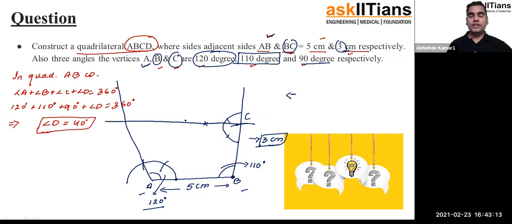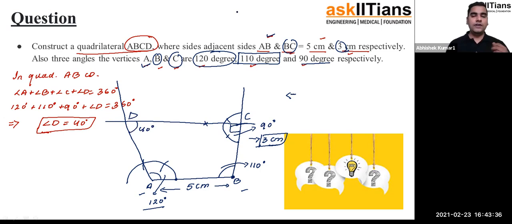All right. So these two rays that we have drawn, first angle A equal to 120 degree, and angle C equal to 90 degree, are going to cut each other at one point, and you are going to call that point D.